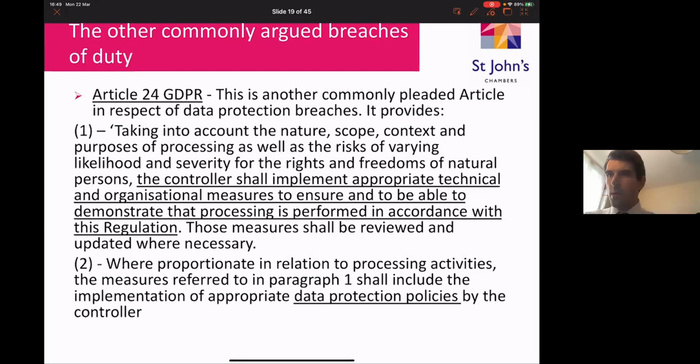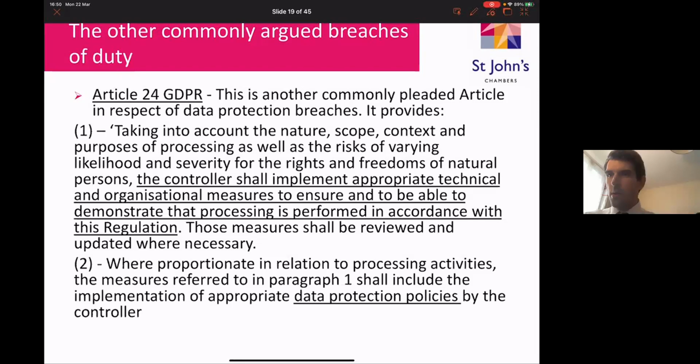So in terms, Article 24.1 is saying that you have to put technical and organisational measures in place to be able to show compliance with Article 24.1 on its own terms, but where proportionate in relation to processing by your controller clients, those measures, and we'll come on to what they are, shall include appropriate data protection policies by the controller.